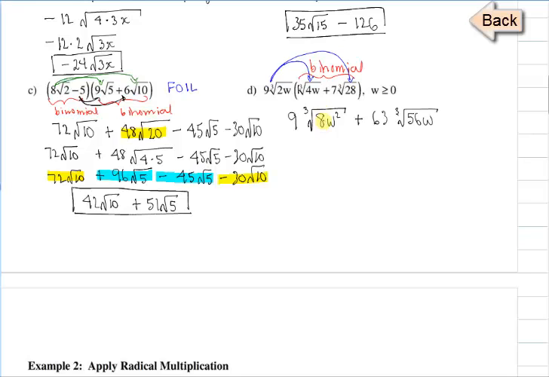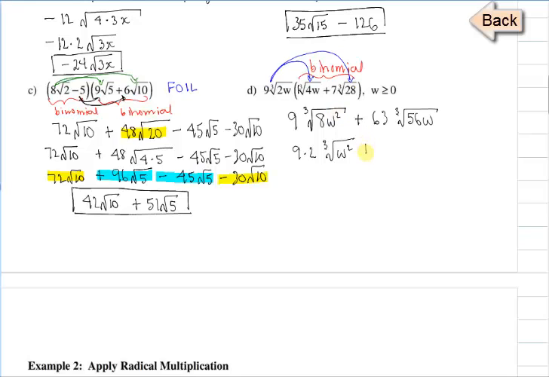And so I will cube root the 8, get the 2, pull it out of the bracket, and I'm going to go 9 times 2, and then cube root of w squared. Now I can't simplify the w squared because it's not a perfect cube. It would be if it was like w cubed or w to the 6 or w to the 9. Any exponent that would be divisible by 3 would be a perfect cube.